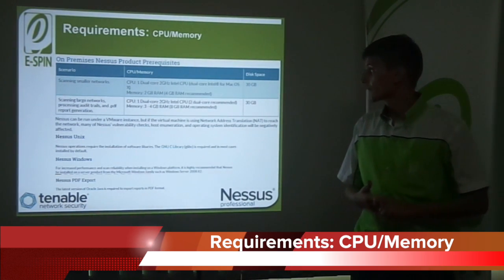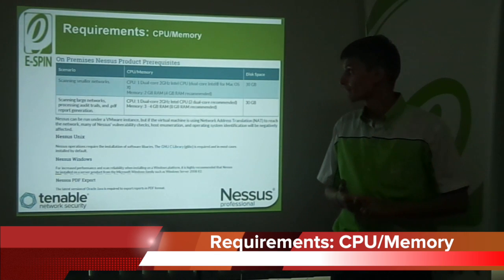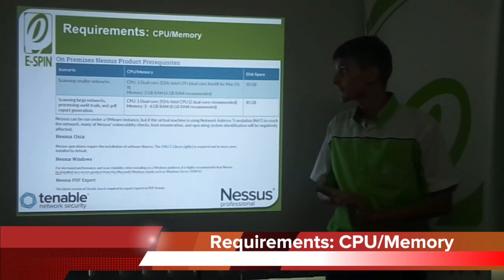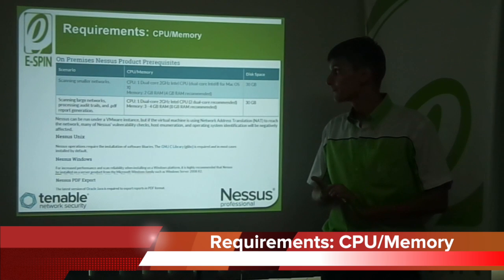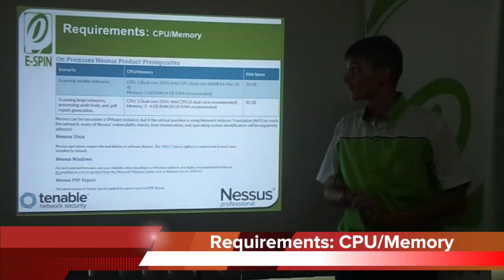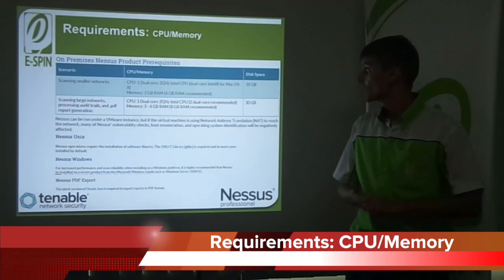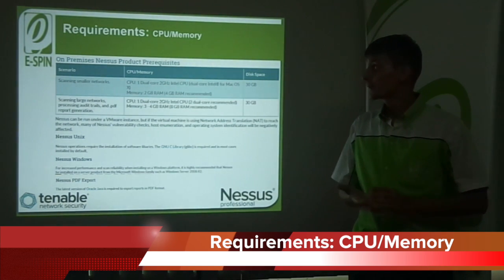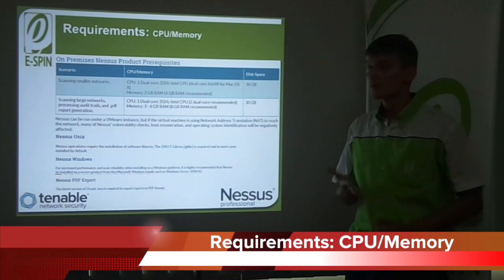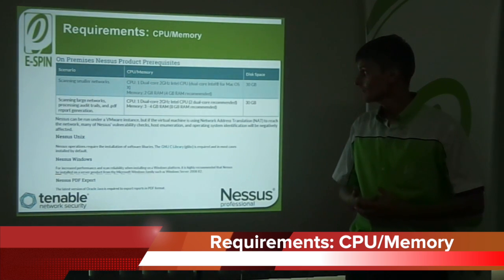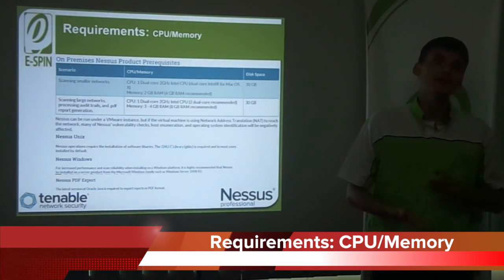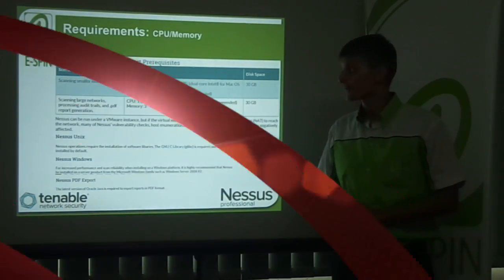And for scanning large networks, processing audit trails and PDF report generation: CPU 1 dual core 2 GHz Intel CPU, 2 dual core recommended, memory 3 or 4 GB, better if you have 8 GB random access memory.